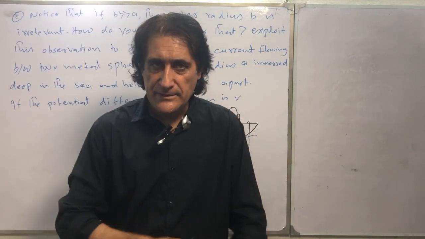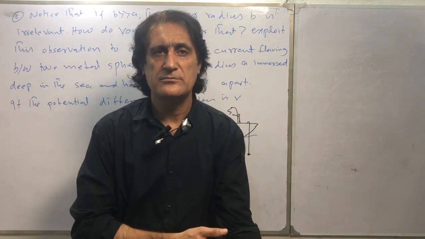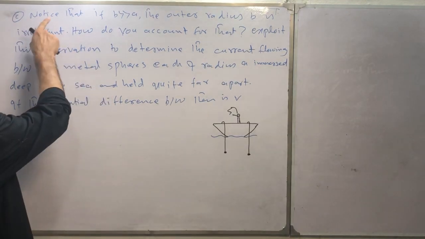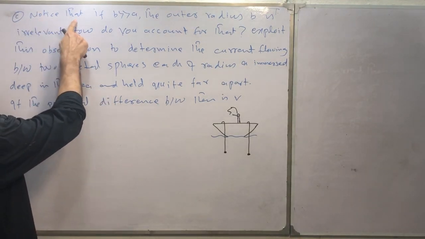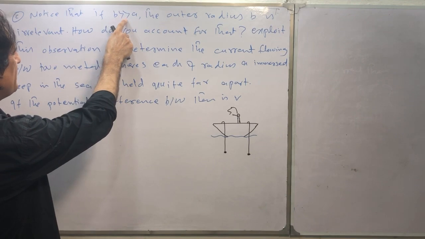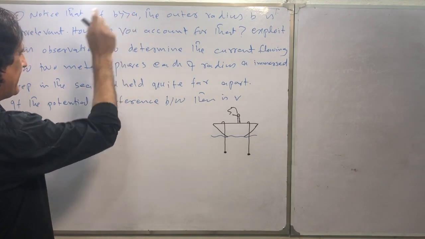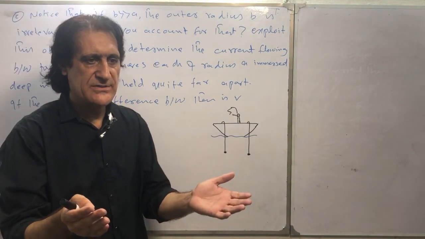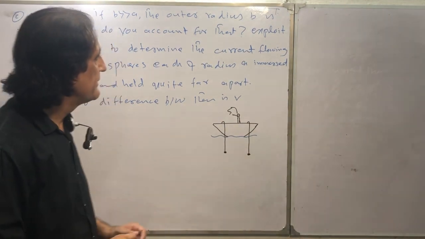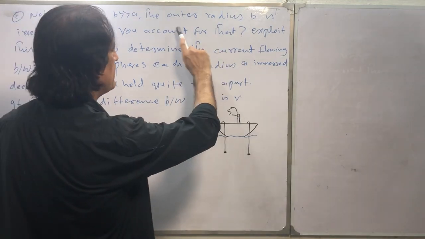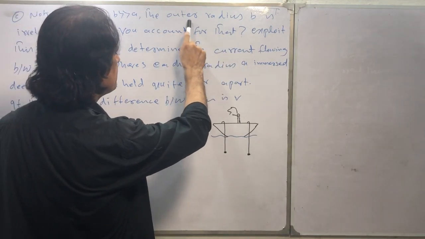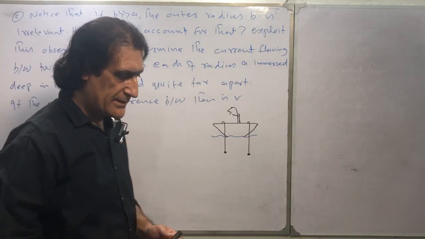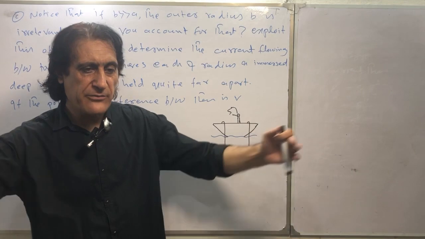Okay, this is the C part of problem 7.1, and here the statement is: notice that if B is very much greater than A, the outer radius B is irrelevant.